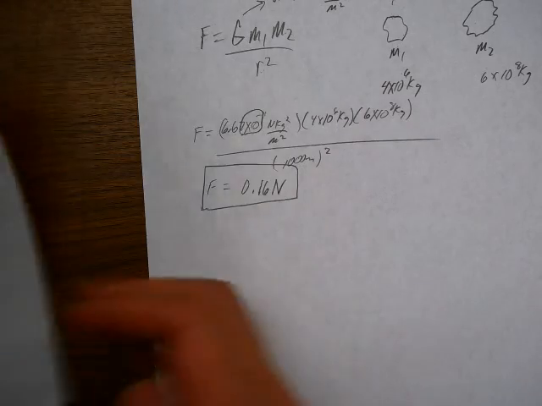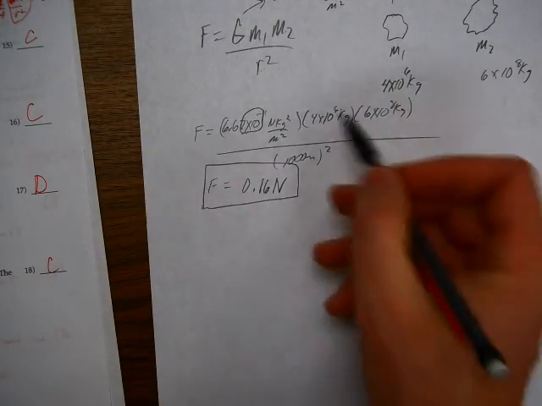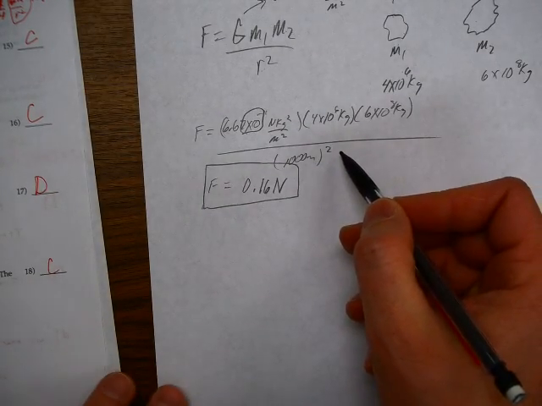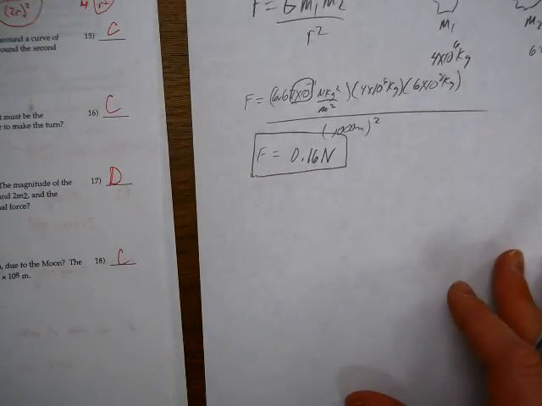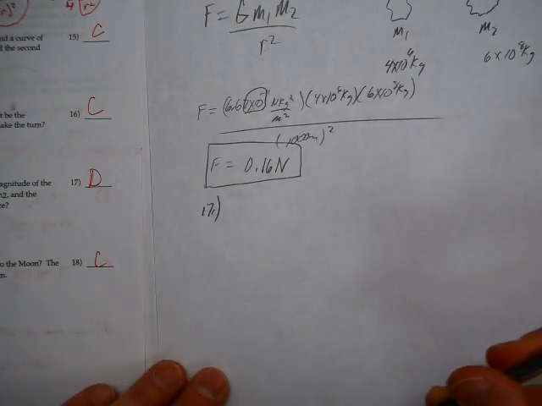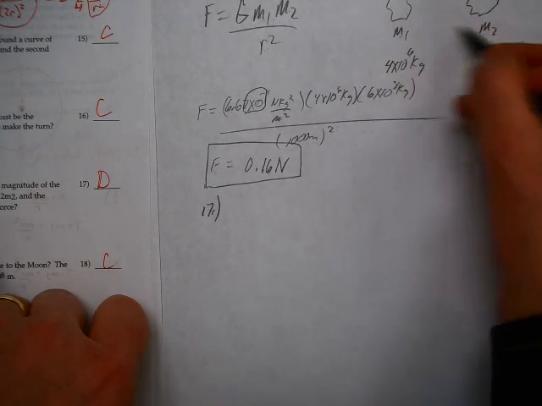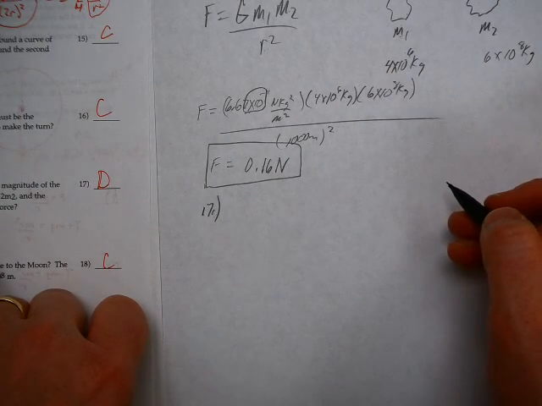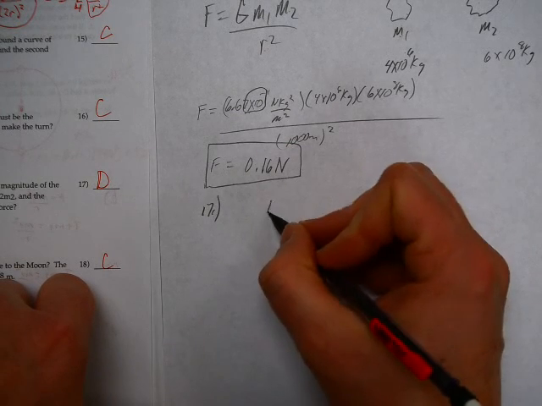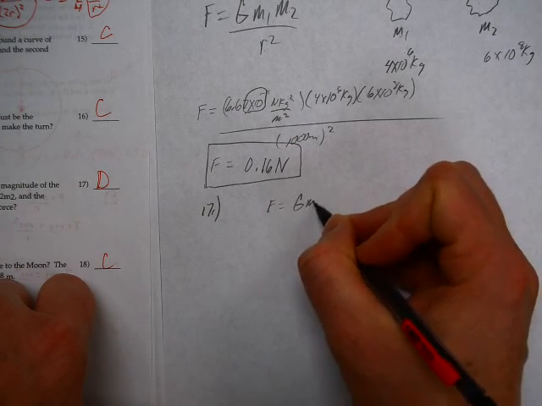So the idea here on gravity is, can you crank out the formula, and then can you conceptually figure out what's happening like number 17 is? So 17 on the test is we have two masses, kind of like this, mass 1, mass 2, and distance r.